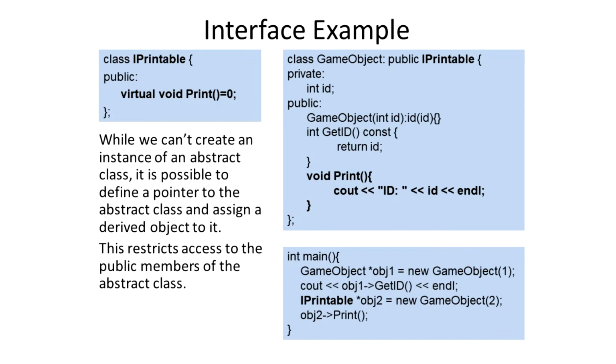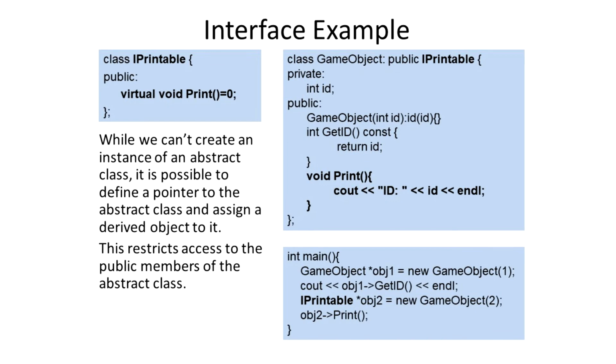Therefore, we can't create an object of this class, of the parent class. Therefore, we have to create objects of the child class, which inherits from the parent class. As you'll see on the right-hand side, the class game object inherits from iPrintable, which we see there with the colon, public iPrintable after the class declaration.